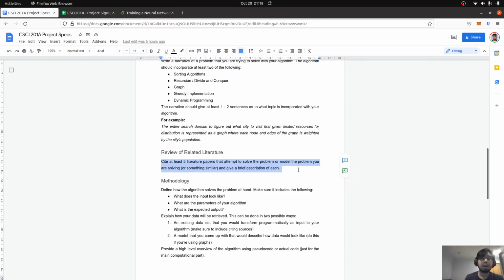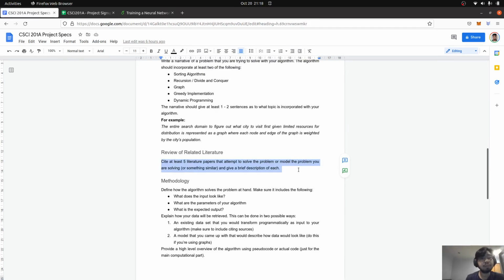Okay? Before, I used to require that the literature be at the latest 3 years old, in terms of how up to date it is. But in our case, since it's an algorithm class, a lot of algorithms have already been implemented. So try to choose the one that is most relevant to your implementation.